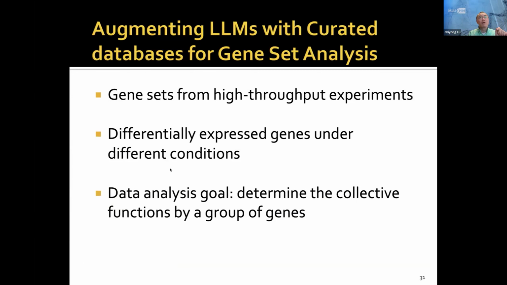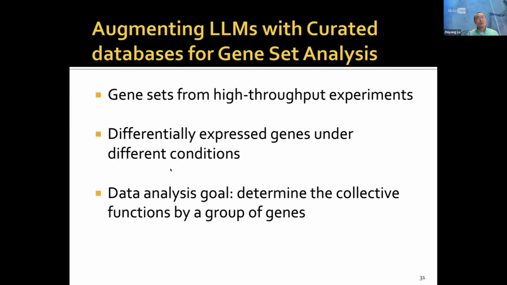Perhaps this is also not new to you, because this is a very common task in biomedical research or bioinformatics research, because oftentimes people doing high-throughput experiments generate a list of genes. These genes can be differentially expressed or under different conditions, and so on and so forth.